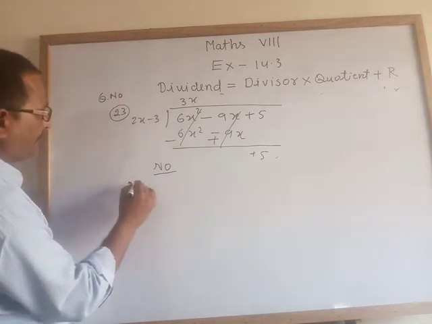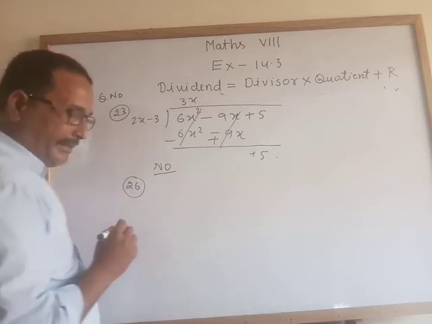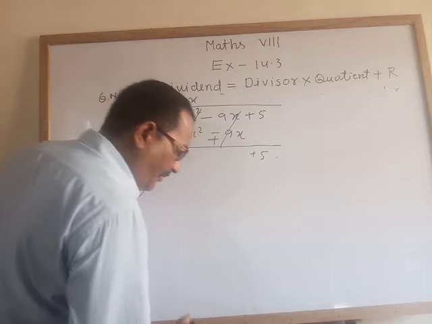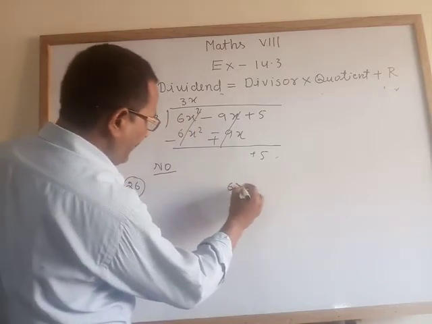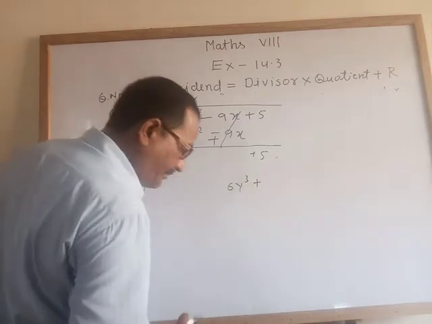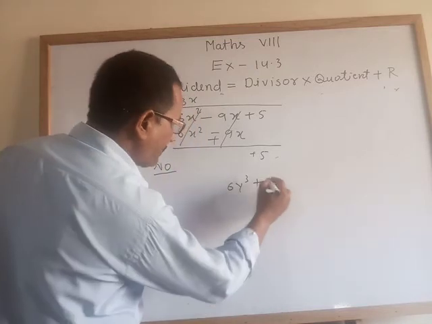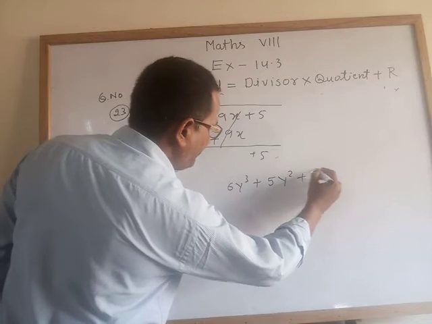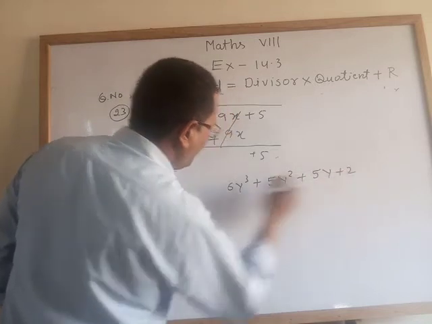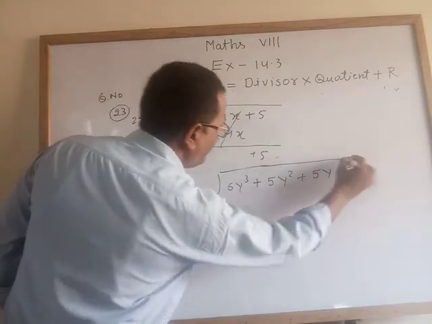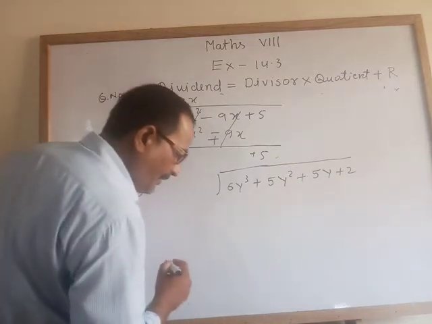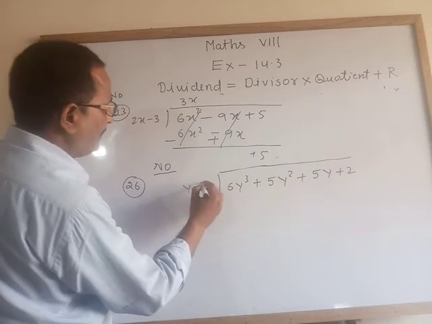Question number 26. That is given 6y cube plus 5y square plus 5y plus 2 divided by y minus 2.